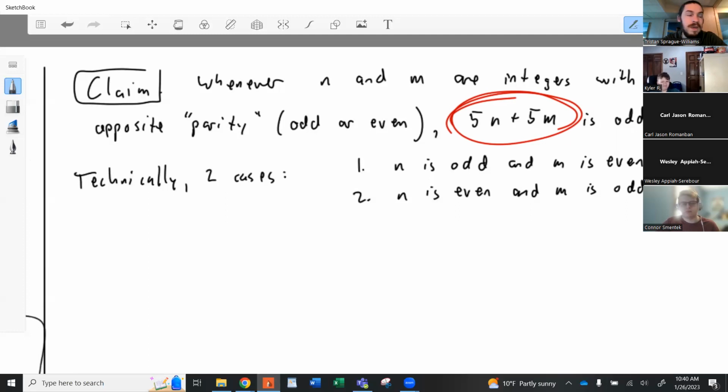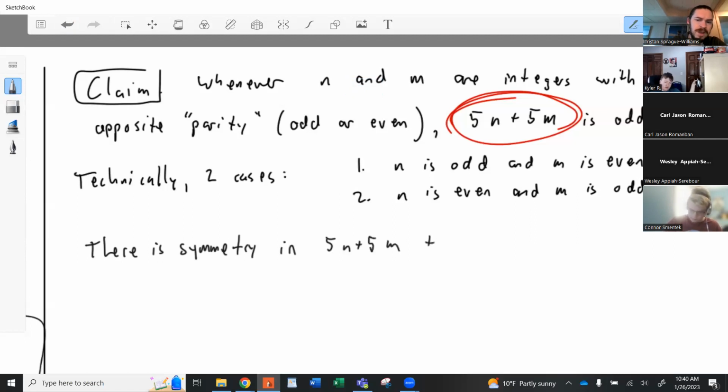So we're going to lean on that symmetry. There is symmetry in this expression 5n plus 5m that makes these two cases identical.